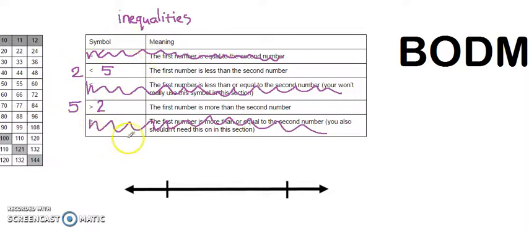And after you've done that, or maybe before, you've then plotted the numbers on a number line. So for this one, it's 2 and 5. Yes, there would be 3 and 4 in between, but what's important to show are the numbers that I've told you to show. So 2 is less than 5 because it's on the left of 5 on the number line.